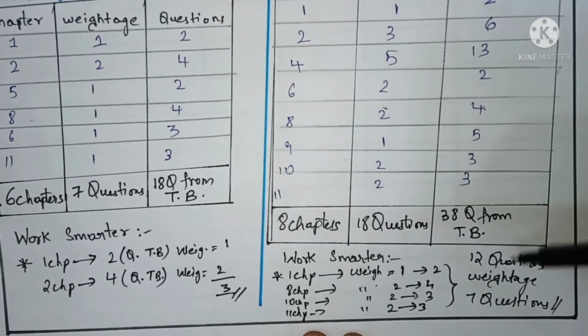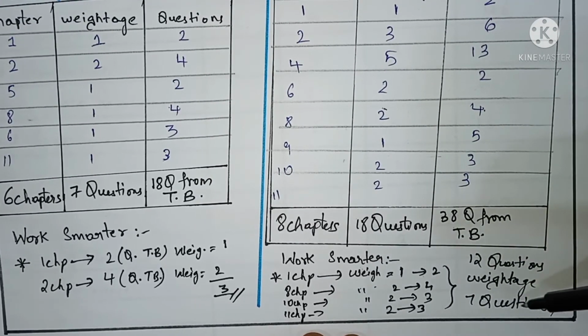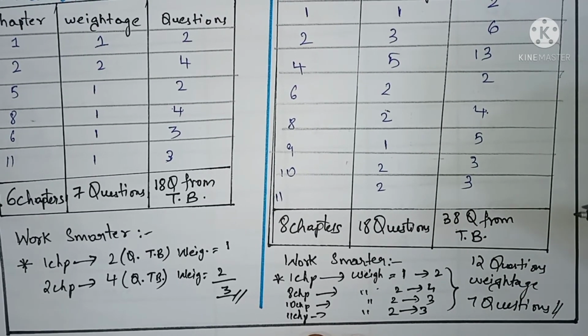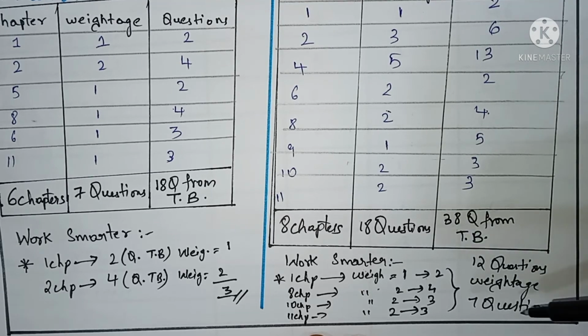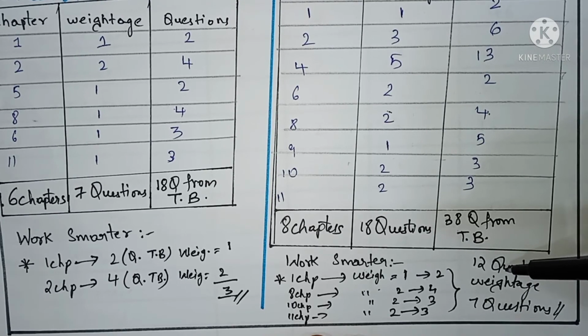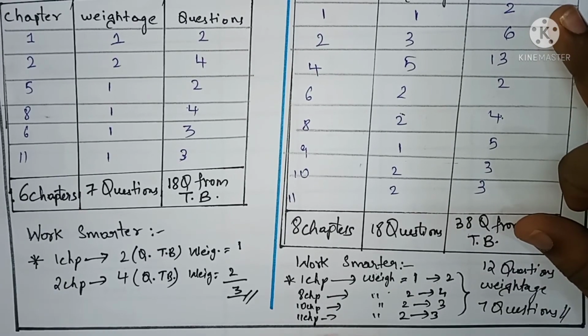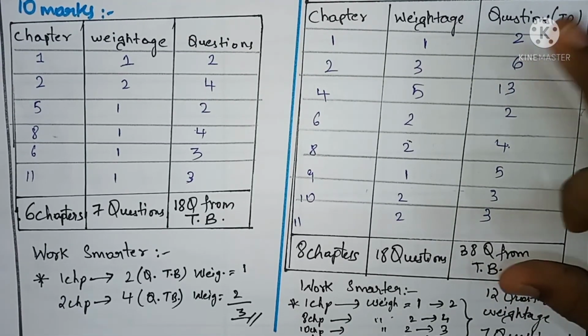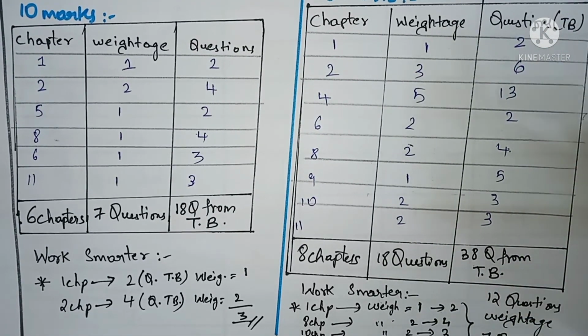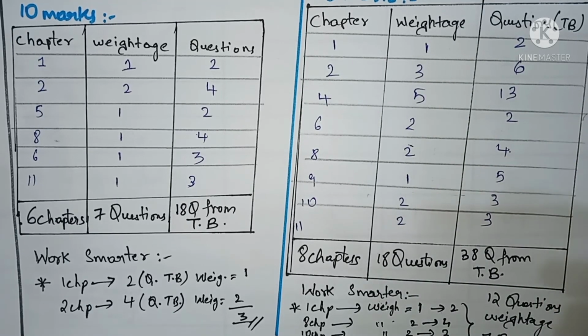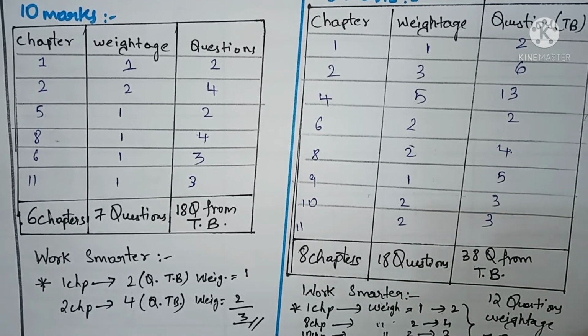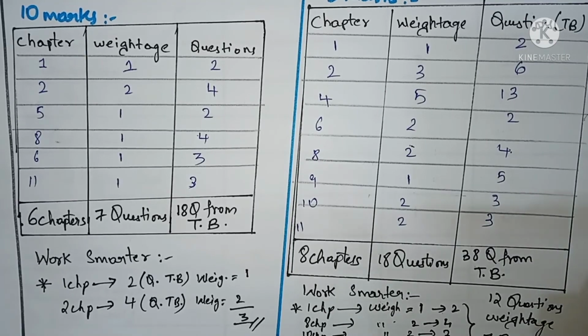So 12 questions are there in weightage and 7 questions in the textbook. So this is our new trick which we have to follow to easily score in the examination, and it is very effective, very efficient, and very useful.